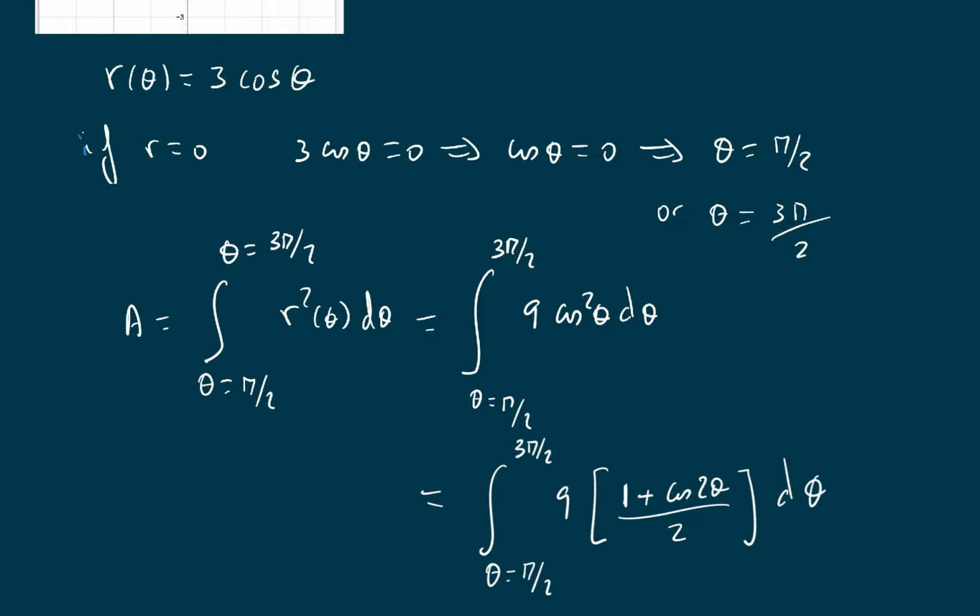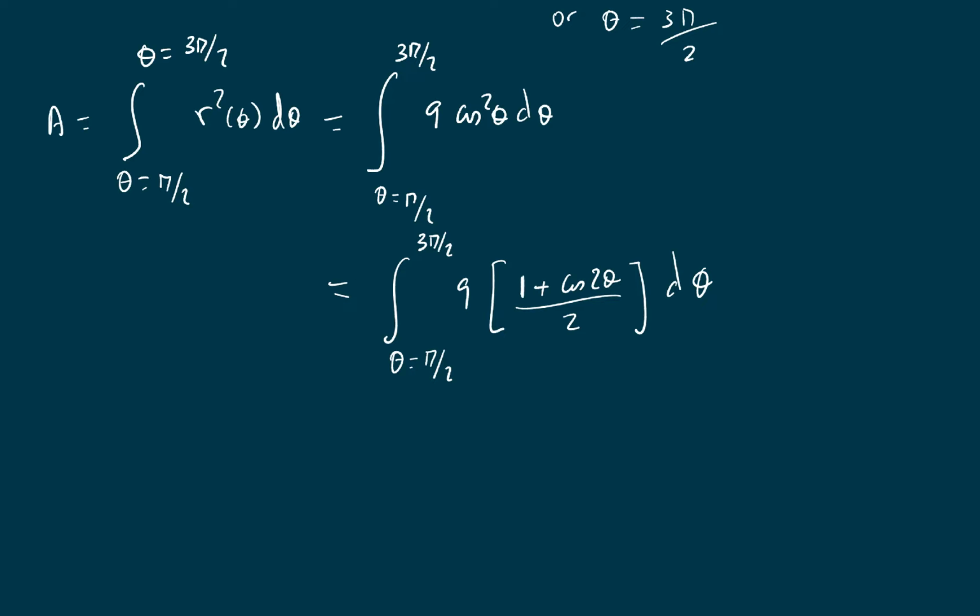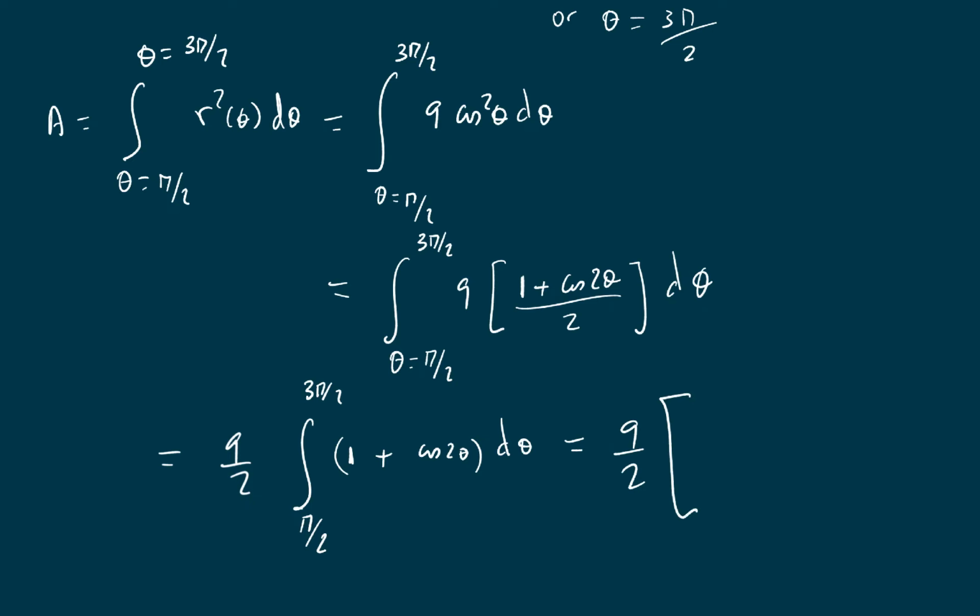And now if I solve this integral, it will be 9/2, the integral from pi divided by 2 to 3 pi divided by 2 of 1 plus cosine of 2 theta d theta. So it will be 9 half, open parenthesis. What is the integral of 1? The integral of 1 d theta is theta.